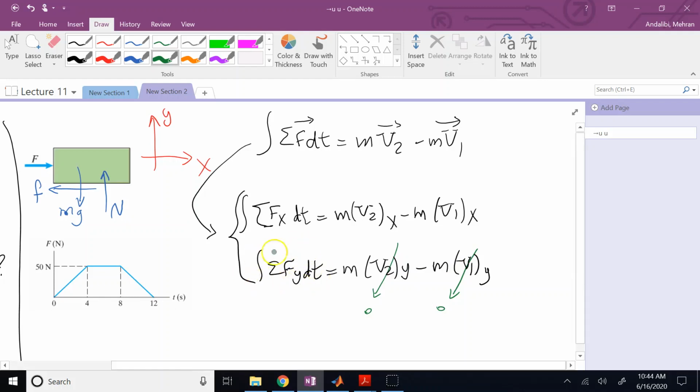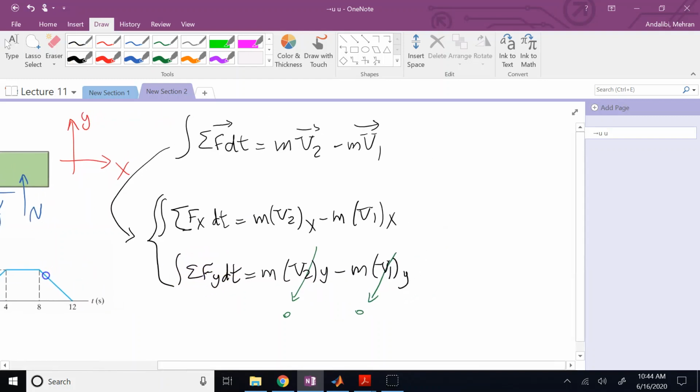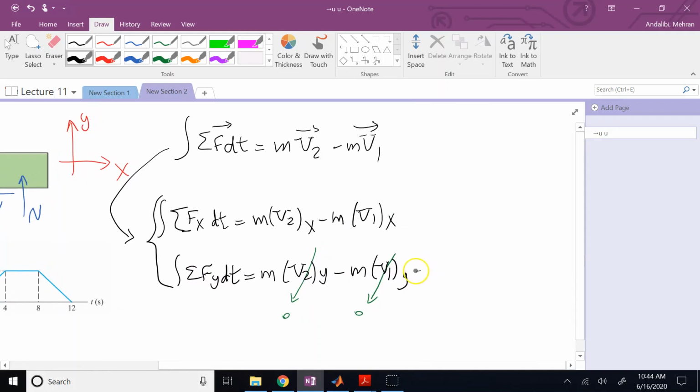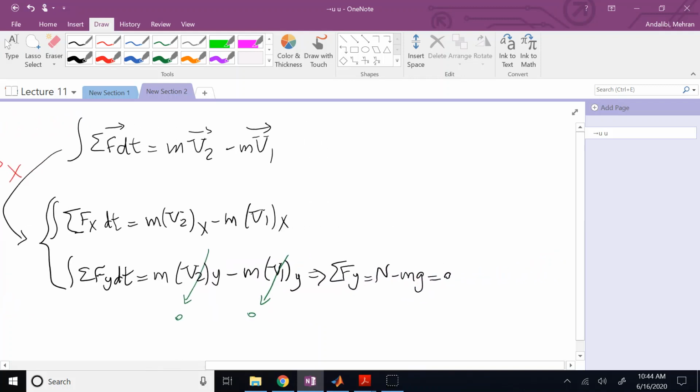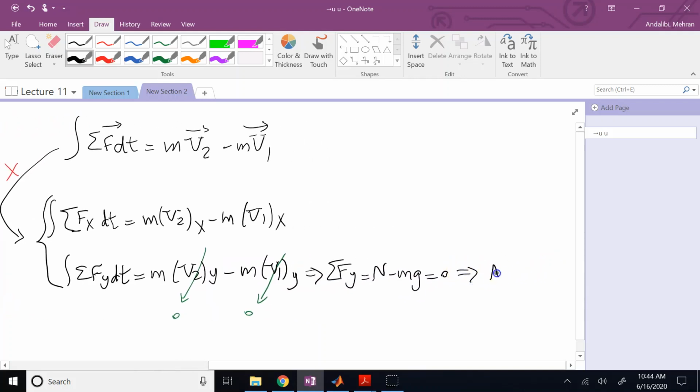So this total integration versus time should be 0, which means sum Fy, in this case N minus mg, should be 0, so that the integral of that versus time is 0, and therefore N is equal to mg, which is 10 times 9.81, so 98.1 Newton.